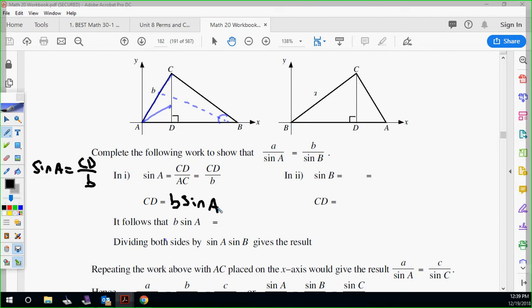So now we look at sine B on the other side. Sine of B is what values there? In this triangle, if I'm doing sine of B, it doesn't really matter. Sine of B is opposite over hypotenuse, so the opposite side is CD over BC, the hypotenuse.